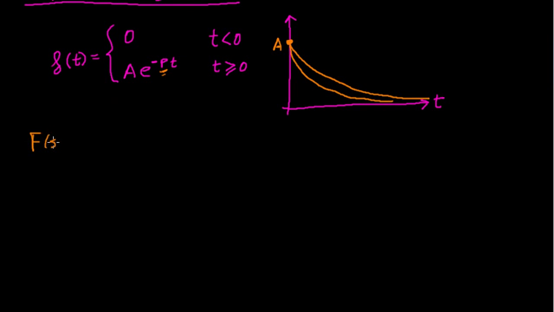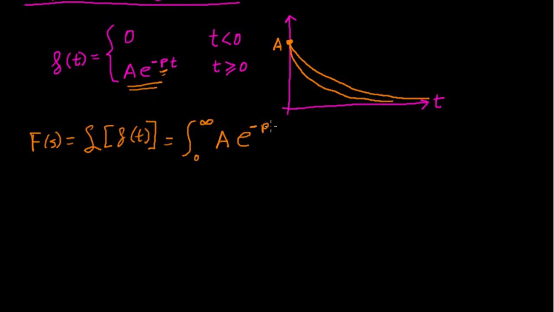F of s is equal to the Laplace transform of f of t, and this is the definite integral between 0 and infinity of f of t. Since we're starting in 0, we only care about this part. So this is a times e to the minus pt times e to the minus st dt.